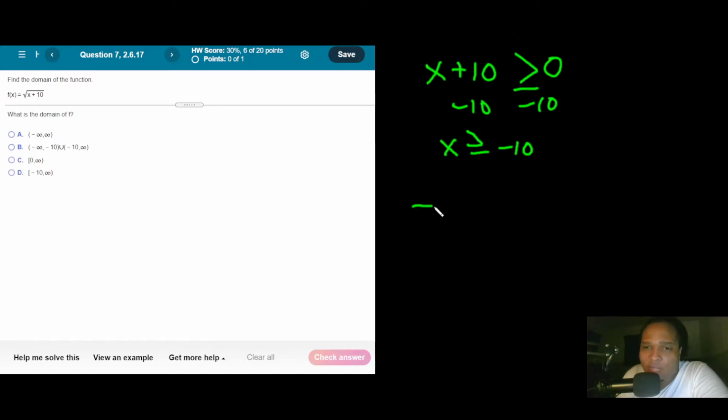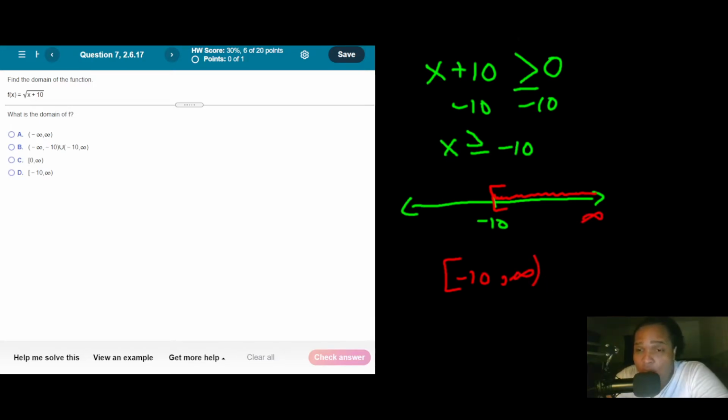Let's put that in graphical form. We have -10. x is greater than or equal to -10, so we're going to use a bracket and go to the right of -10. In interval notation, we just copy and paste this: -10 starting here all the way to infinity.